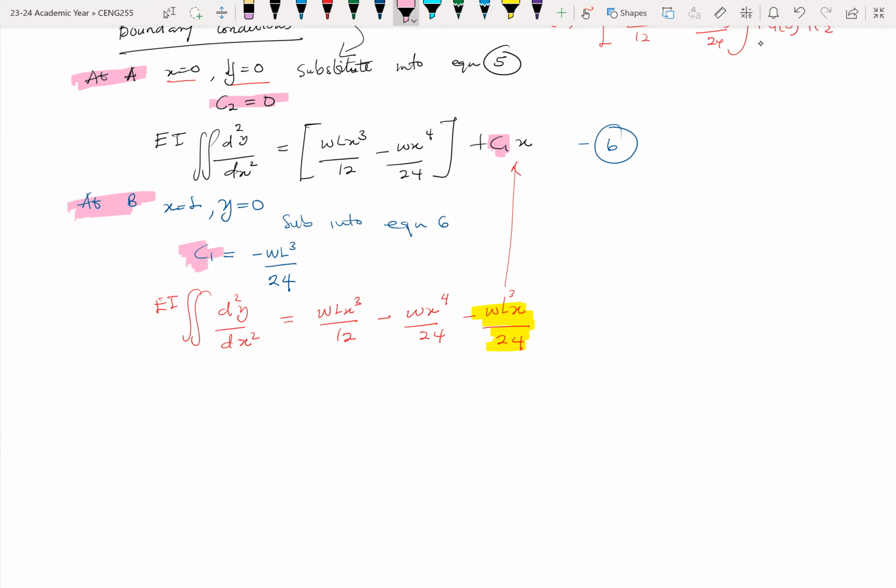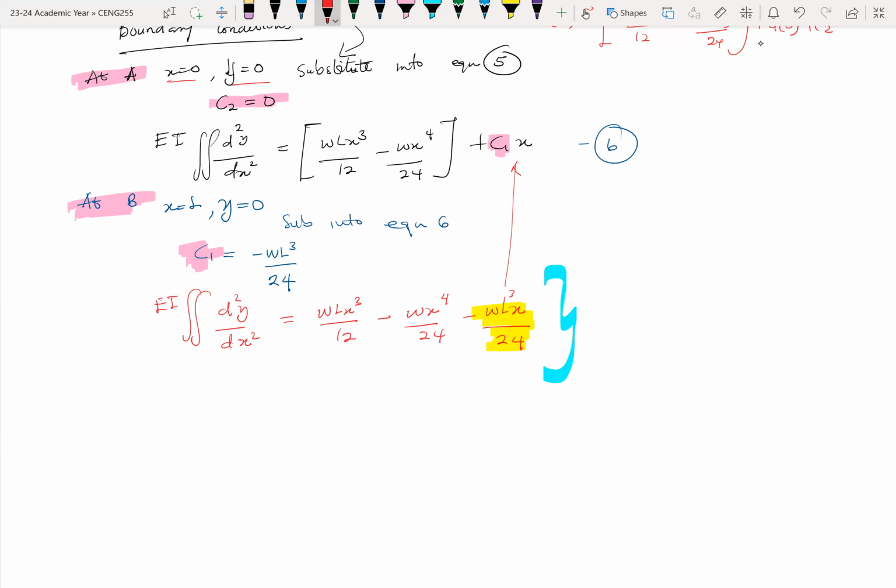Okay, so that's the idea. Once we find these two constants, C2 and then C1, then we can formulate the equation for the deflection. All right.